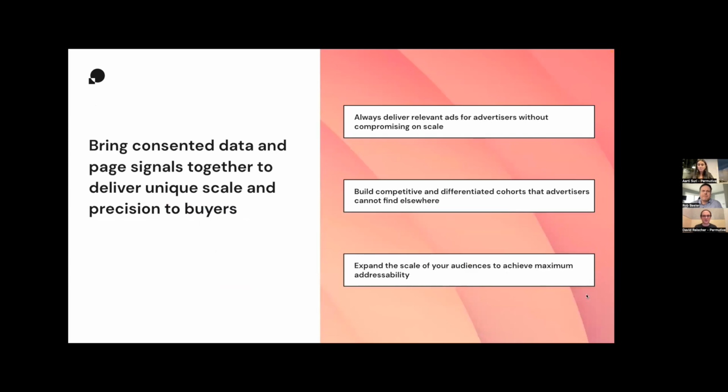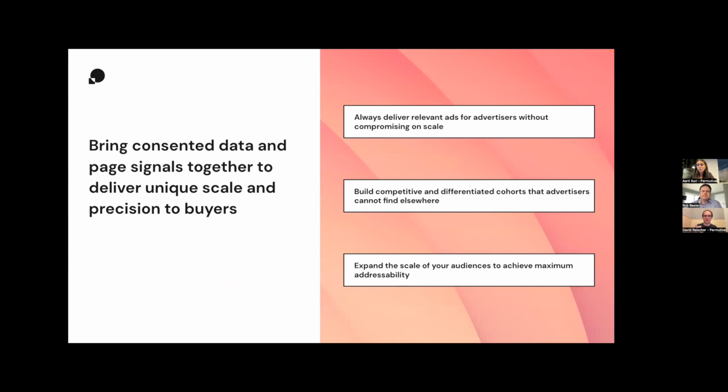Okay, so summarizing, affinity cohorts are really about maximizing addressability by leveraging learnings from consented users to target opted out users. So it's about bringing scale and precision to advertisers, helping them to find their target audiences wherever they are in their journey and whether they're opted in or opted out.